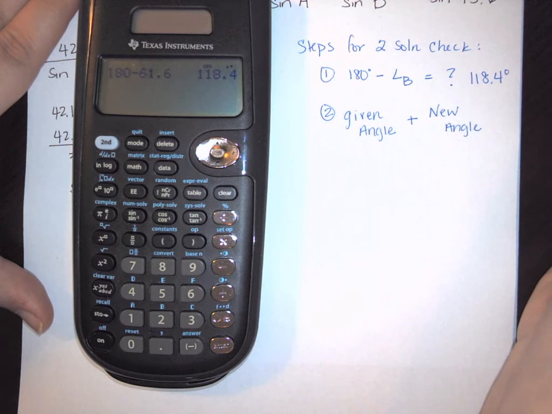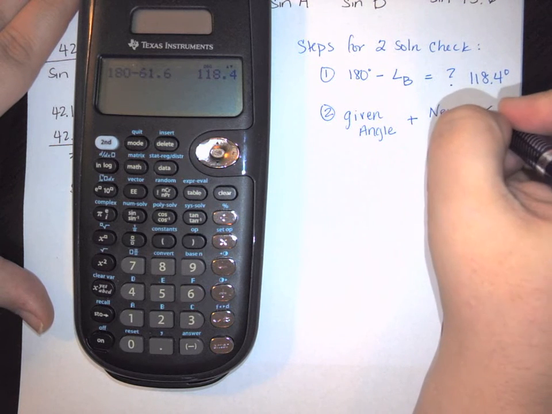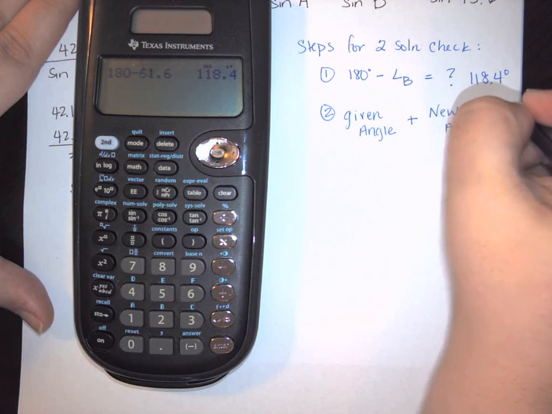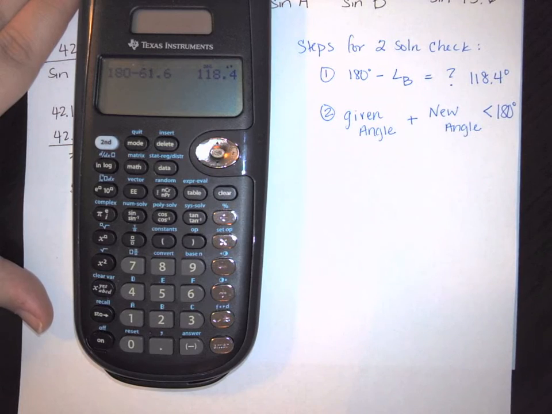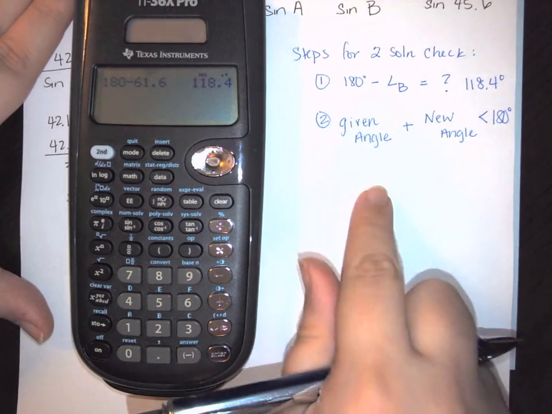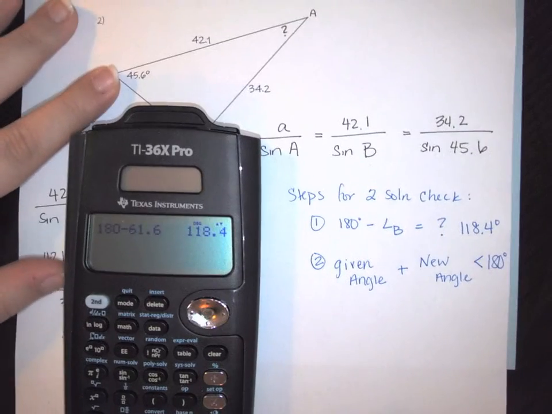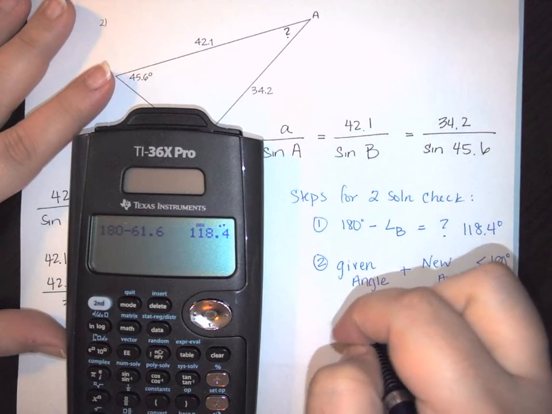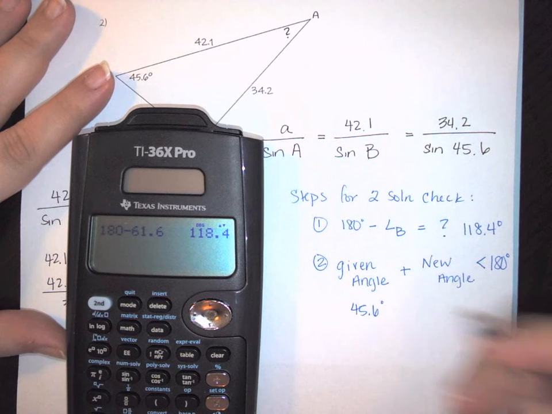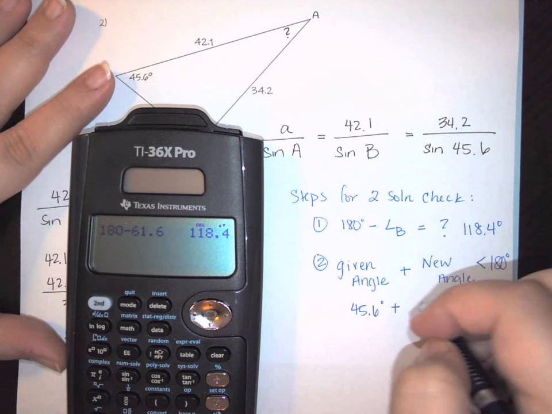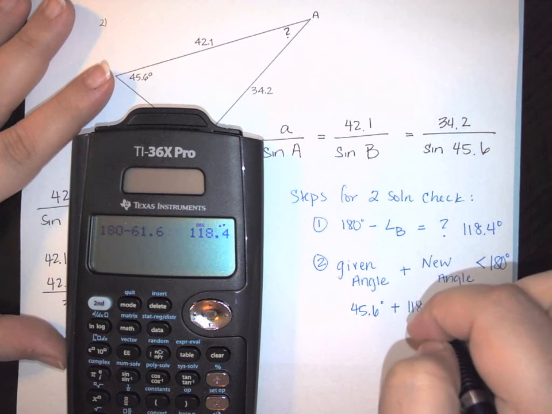Okay? So here's your rule. If the angle is less than 180 degrees, then you have 2 solutions.